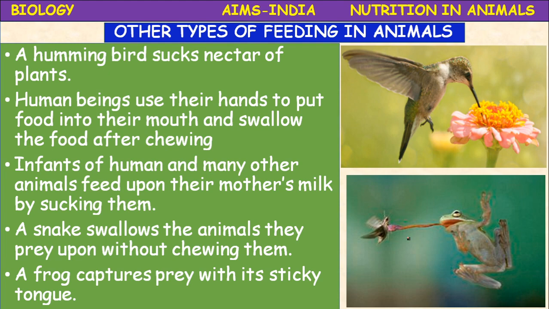So the frog throws its protrusible sticky tongue, catches the insect and swallows it. So it is called capturing the prey. Every animal has its own strategy to obtain food. This is called the feeding mechanism.